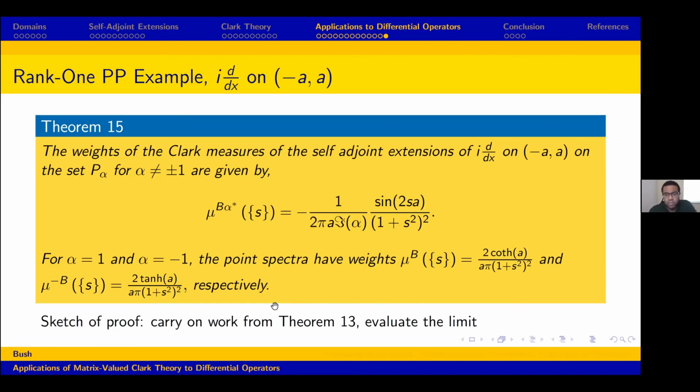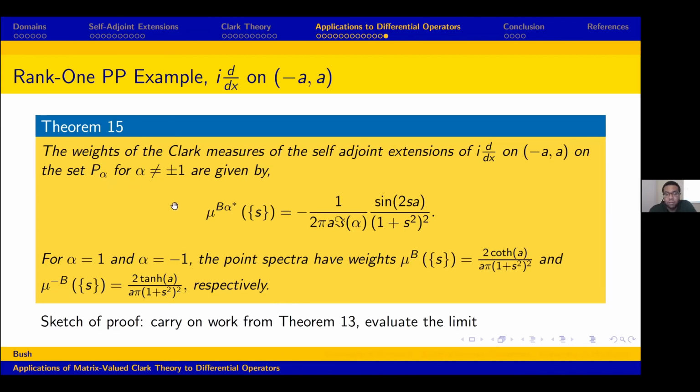And an interesting feature to note here is that this is a measure. It may not look like it, but this will always be non-negative. In order to see that, you can write the sine using the infinite product formula. As it turns out, due to the nature of this set P alpha, all but finitely many of those terms are going to be positive.